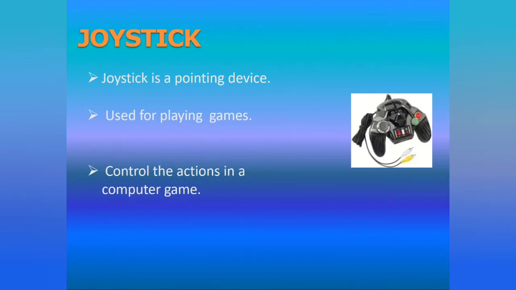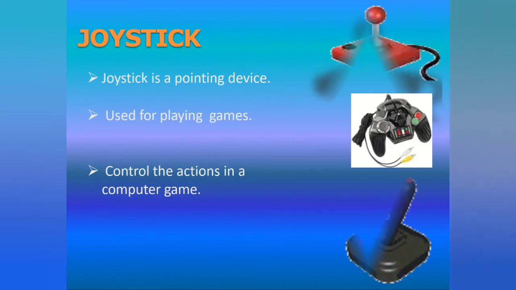It has the capacity to control the actions in computer games, etc. As you see in the picture, it consists of a lever which is used to move the pointer on the screen and buttons used to select options. So mostly this joystick is used for playing games on the computer.